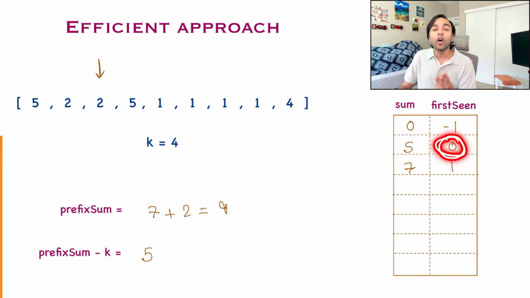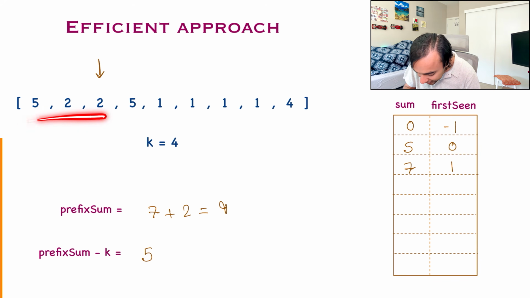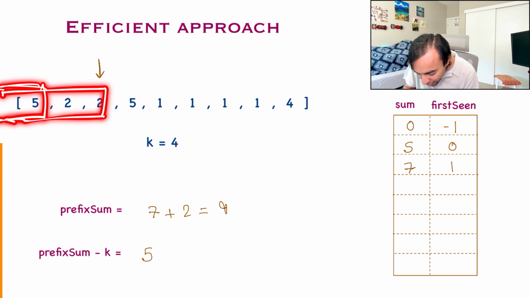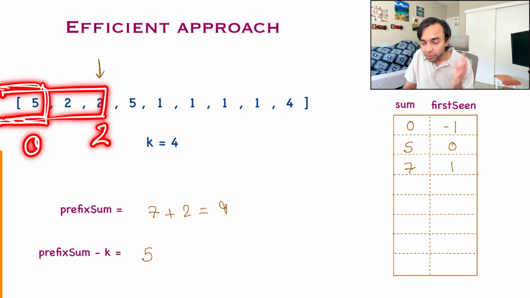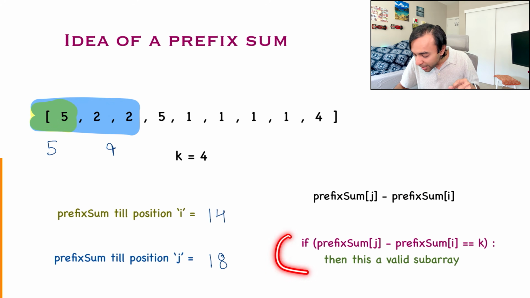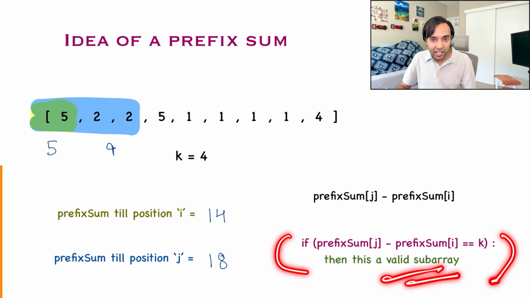You basically got two prefix sums. This is the first prefix sum and this is the second prefix sum, which you obtained at the index 0 and you are obtaining at the index 2. So this aligns perfectly with what we had discussed in the first place. If prefix sum at j minus prefix sum at i is equal to k, then I have a valid subarray, correct?